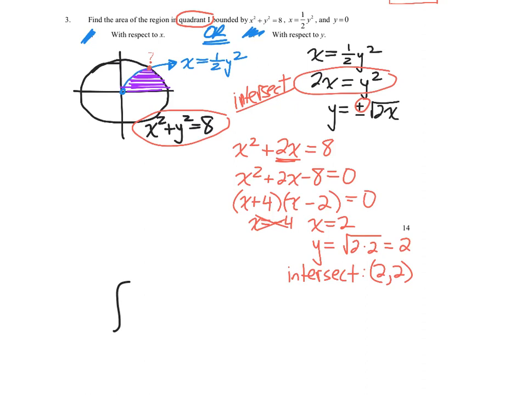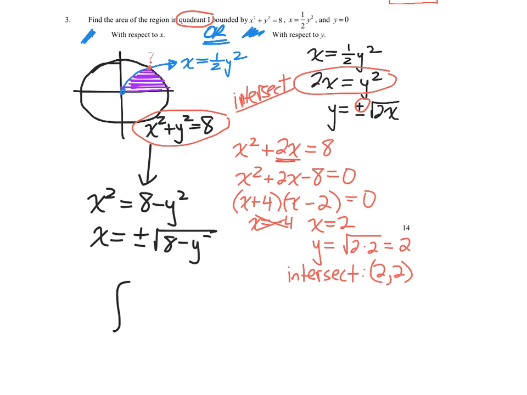But I need x as a function of y. So I'm going to take this equation and solve it for x in terms of y. x squared is equal to 8 minus y squared, making x equal to, normally again, plus or minus the square root of 8 minus y squared, but it's only the right part of it.